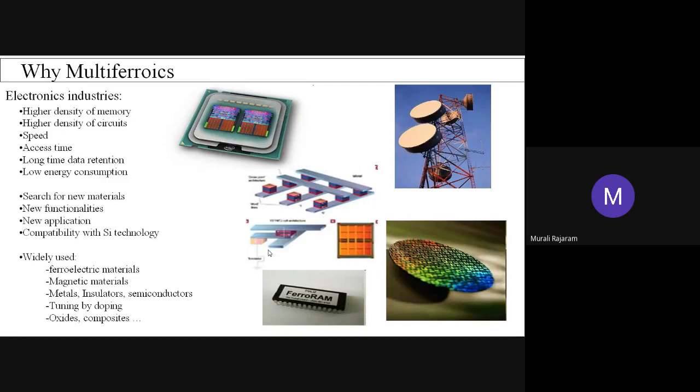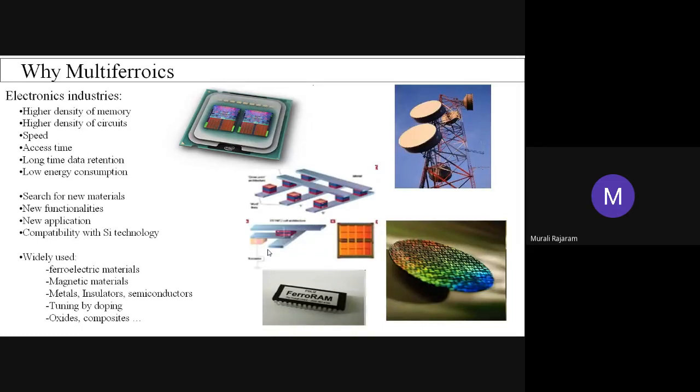So for these applications, we need to look for new materials with new functionalities and applications, which should be compatible with silicon technology, because the semiconductor technology is based on silicon. So whatever we are working on with other types of materials like oxides, fluorides, and others, that should be compatible with silicon technology, so that we can improve the electronic industry.